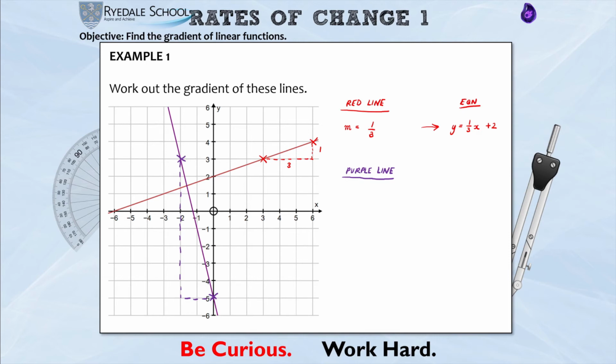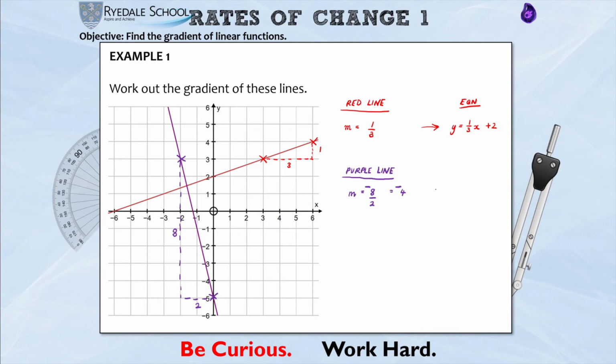So counting my vertical, that appears to be 8. My horizontal difference in the x appears to be 2, and 8 divided by 2 is 4, but of course we have to manually write in that it is negative.